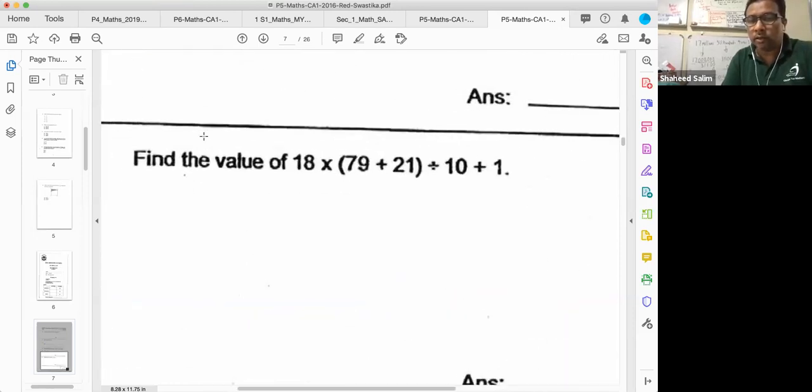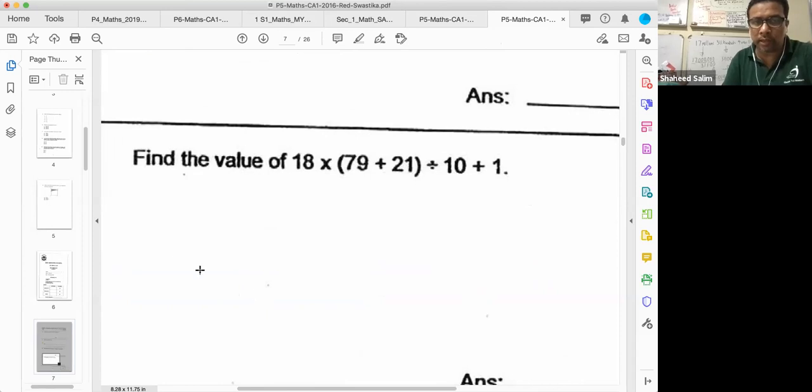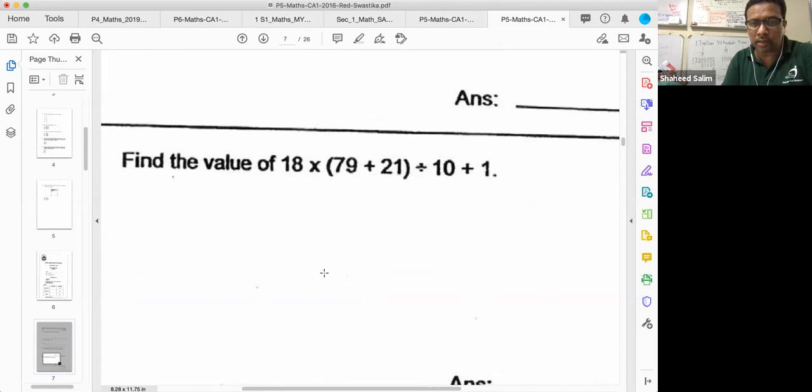Now you try this one. This one you must get correct. This is divide. I already did it. This is plus. Okay, you sent already, is it? Okay, let's check what you have done. Which one is your answer?